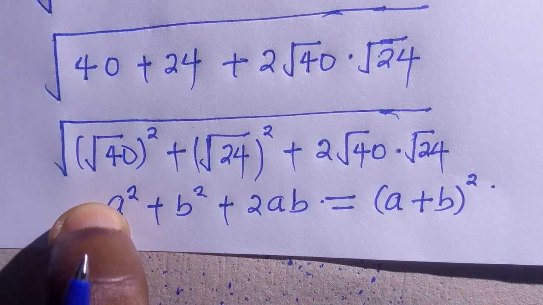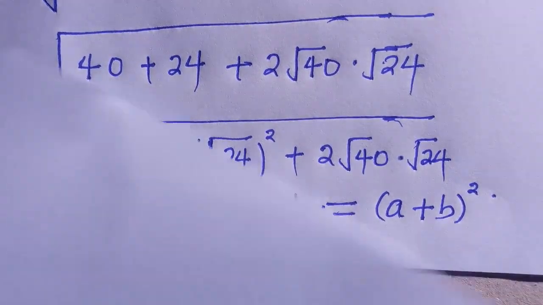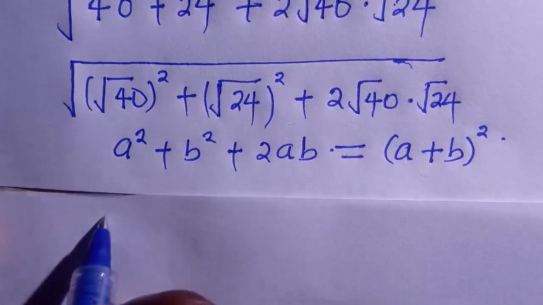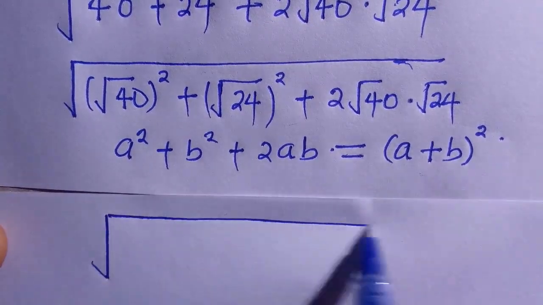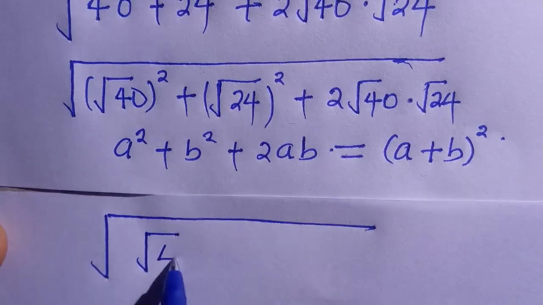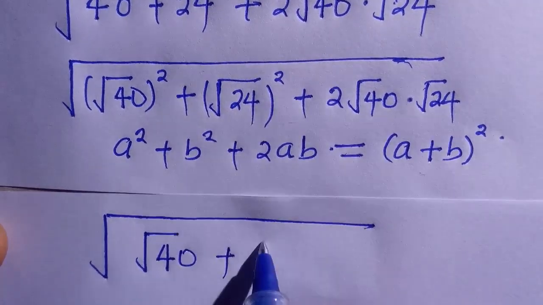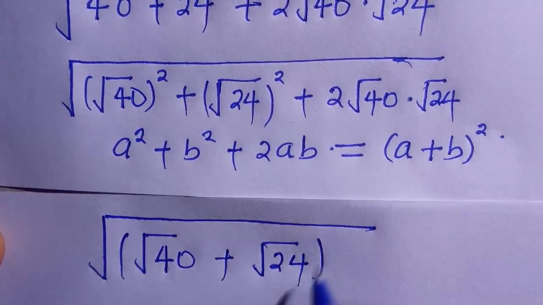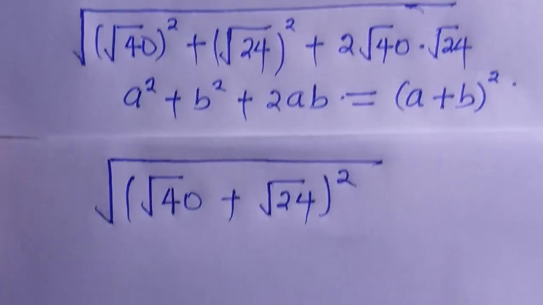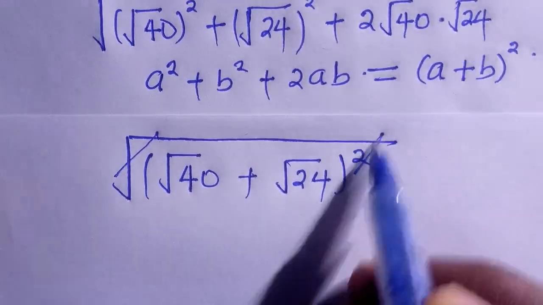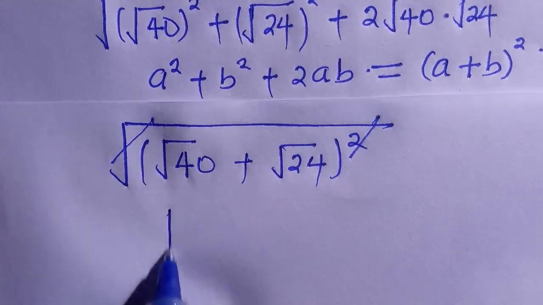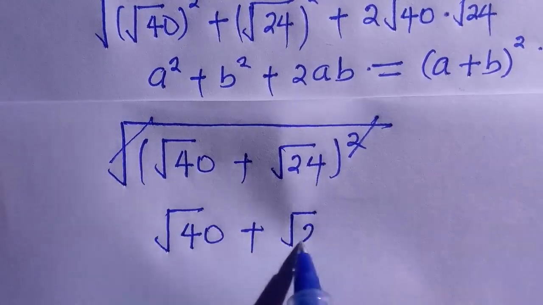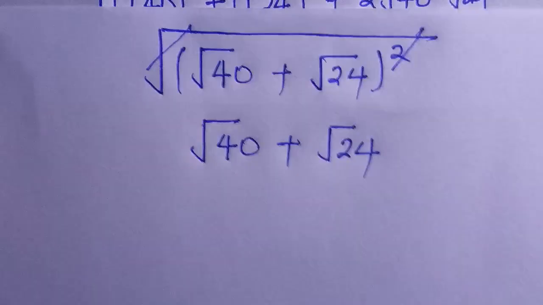And next we are going to have this as the square root of 40 plus square root of 24 raised to the power of 2. And when we cancel this, what we have left is square root of 40 plus square root of 24.